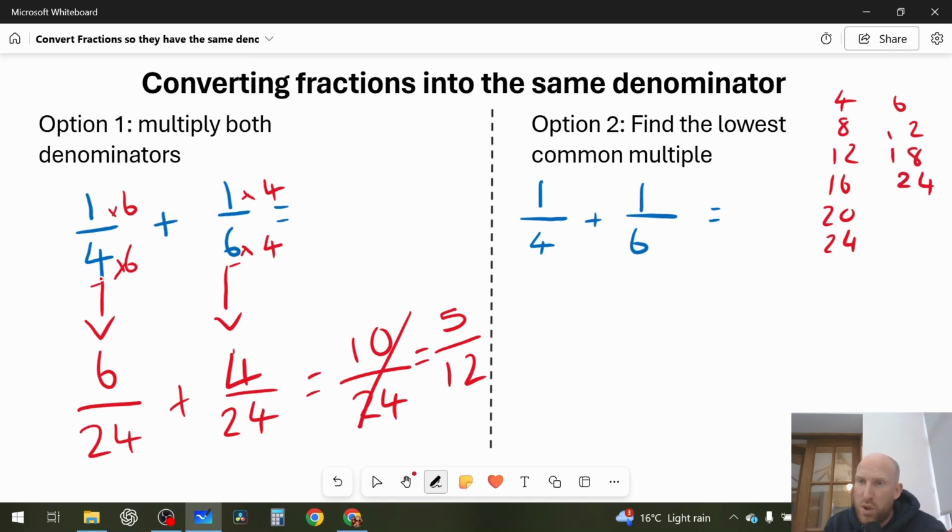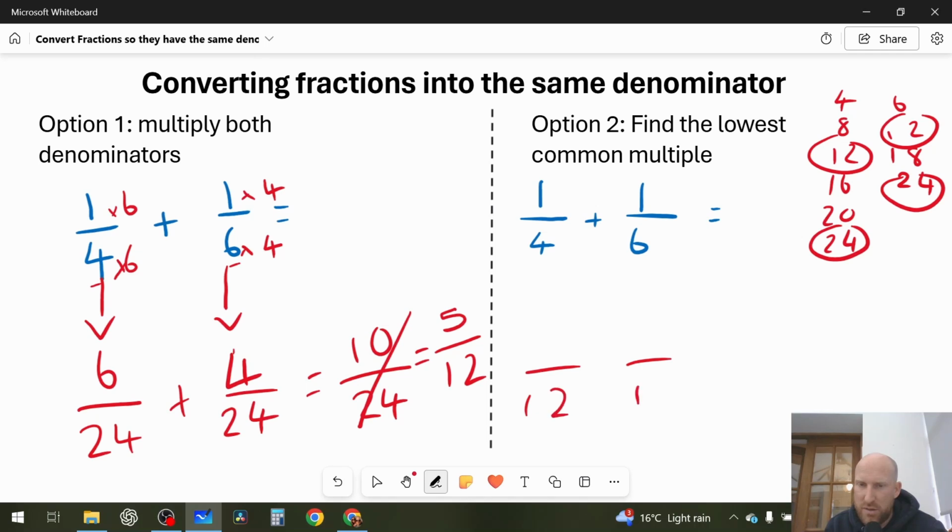And I look for a number that is in both lists and the lowest number. So I can see 24 and 24 is in both lists, and I can see 12 and 12 is in both lists. Now I want the lowest number in both lists, and we call that the LCM, or the lowest common multiple.